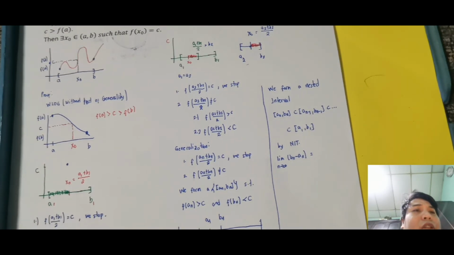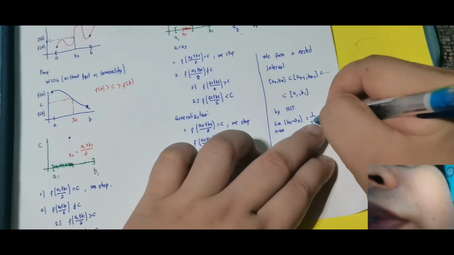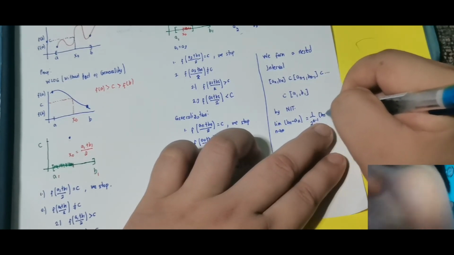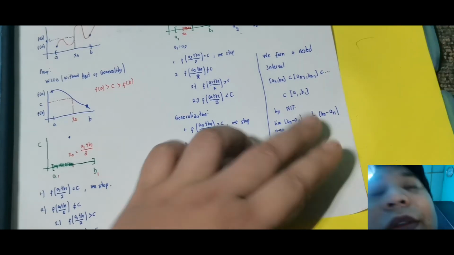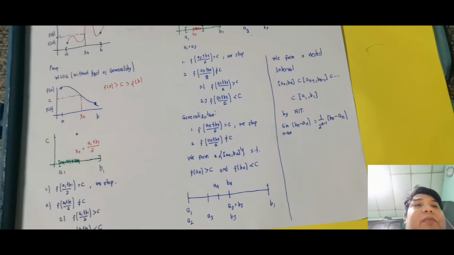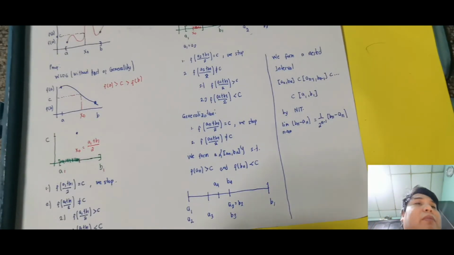So, ano nangyari? Yung limit niya is just the distance nung 1/2 raised to n minus 1 nung B sub n minus A sub n. Okay, so imagine mo yung limit ng B sub n, A sub n na yan is almost yung napakaliit na 1/2 raised to n minus 1, B sub n minus A sub n.